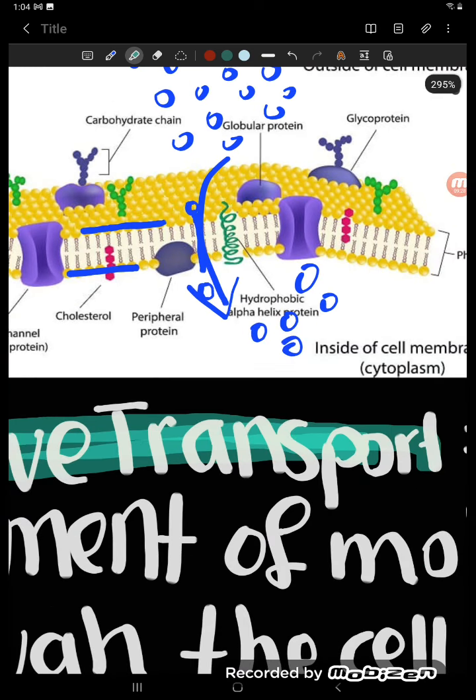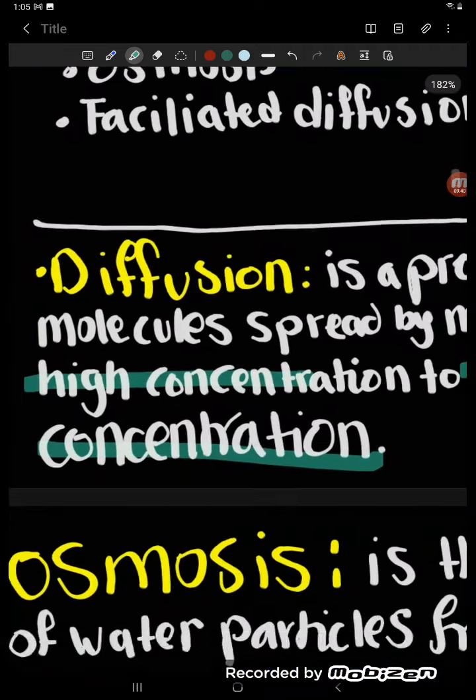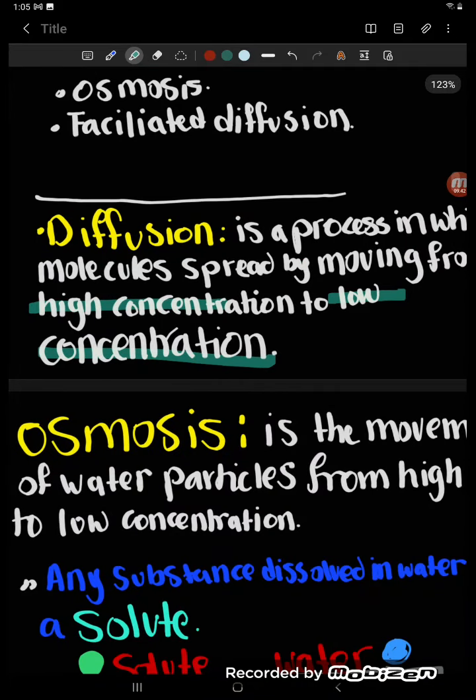The natural transport of molecules is from high concentration to low concentration. That does not need energy in whatsoever way. So like I said, no energy because it's down the concentration gradient.